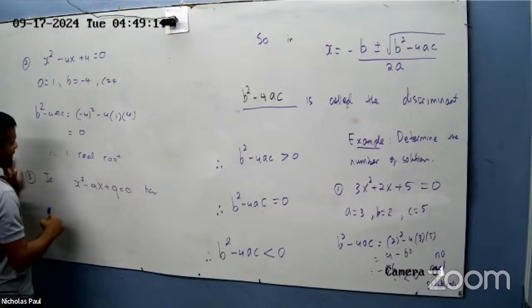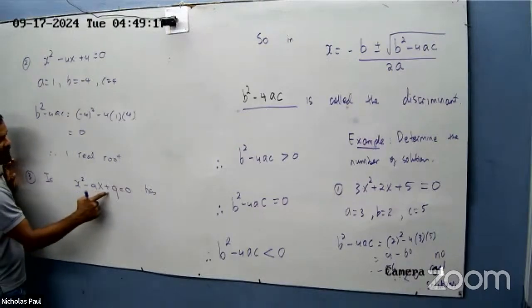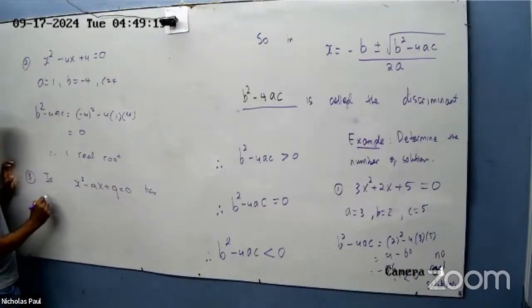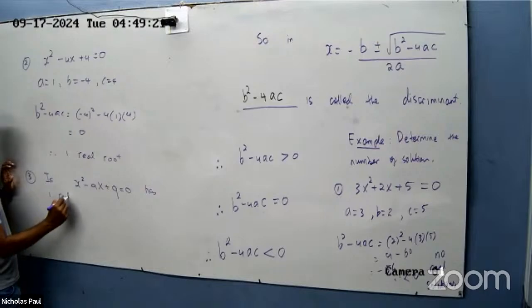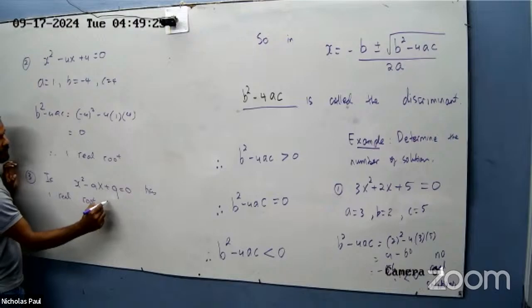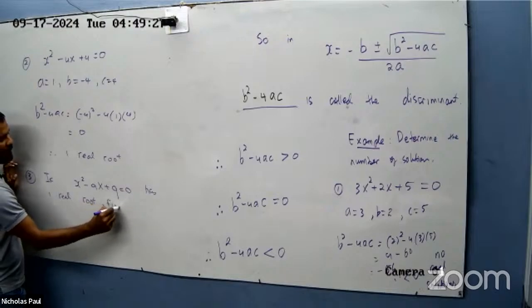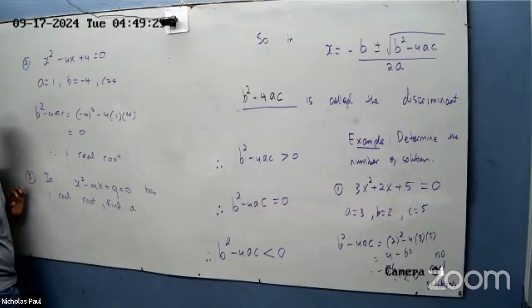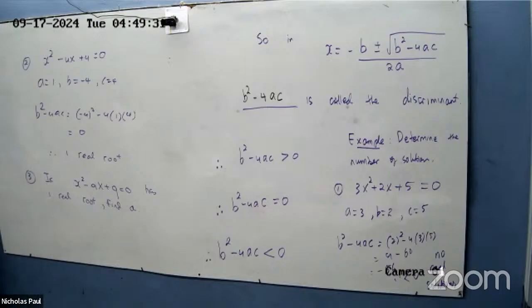If x squared minus ax plus 9 equal to 0 has one real root, find a. How are you going to do that?